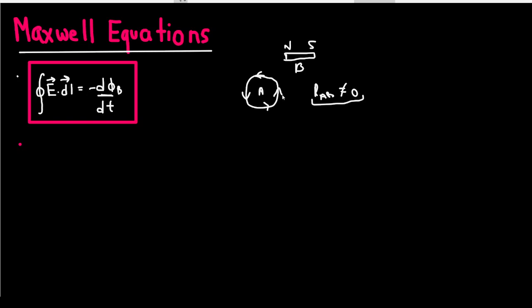Let's understand this in a simple manner. Whenever you move the magnet in whichever direction, there is a change in the magnetic flux, which also relates to this formula.